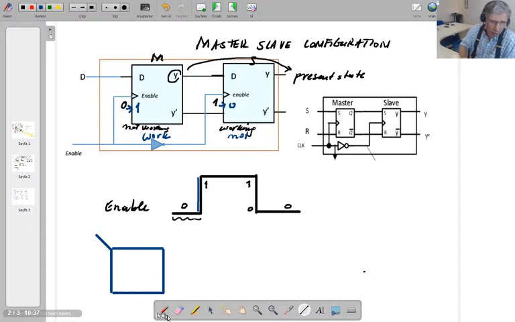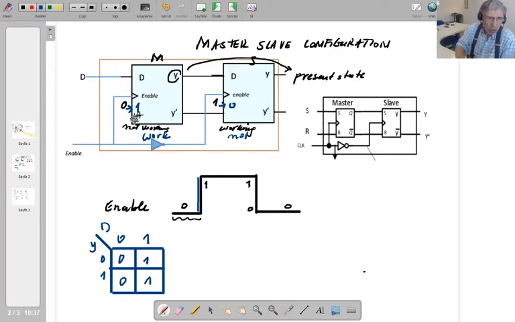I'll draw it here: D, small y, 0, 1, 0, 0, 1, 1, 0, 1. When it works, the mathematical model is capital Y equal to D, isn't it?